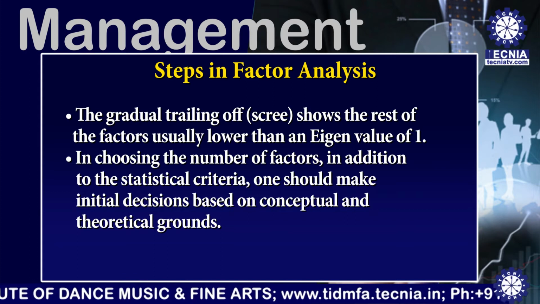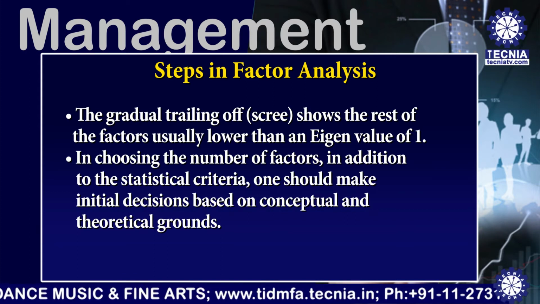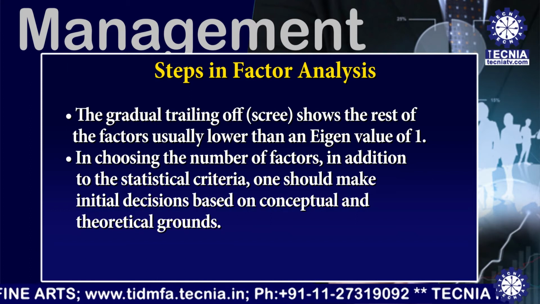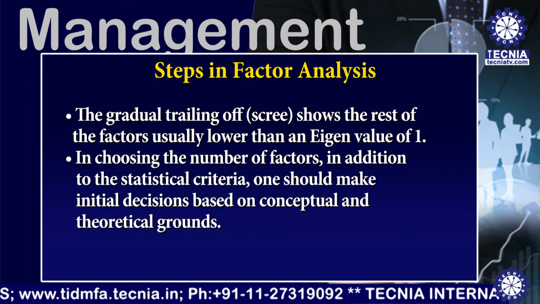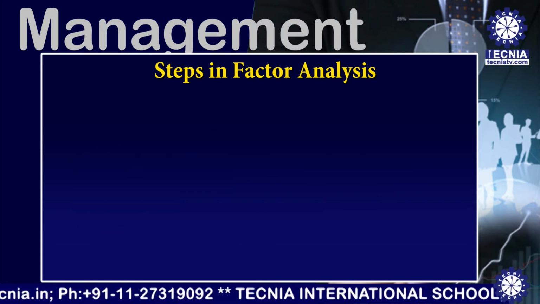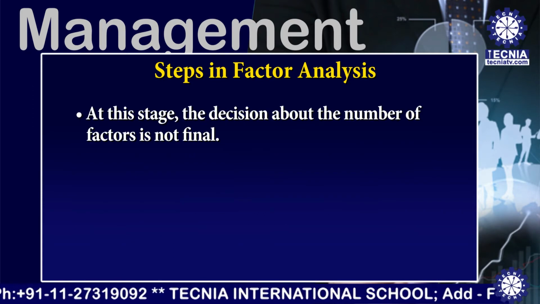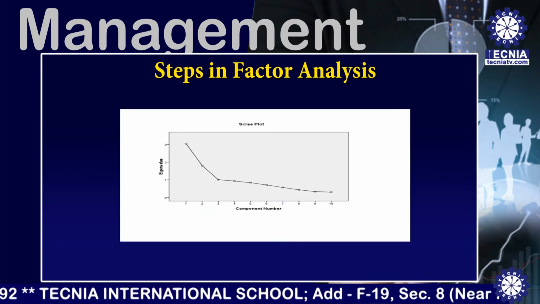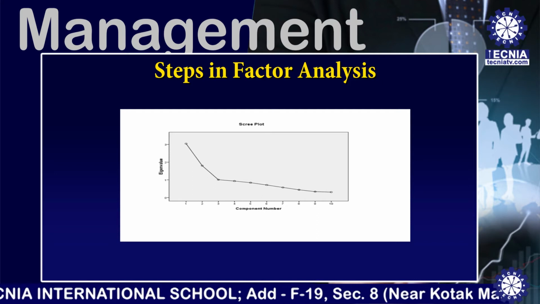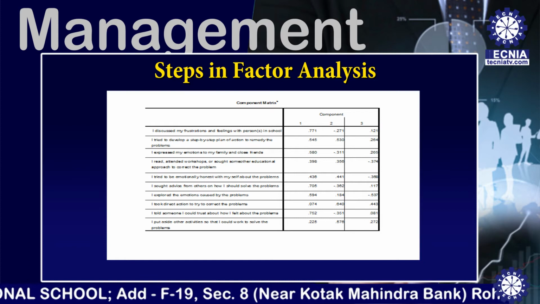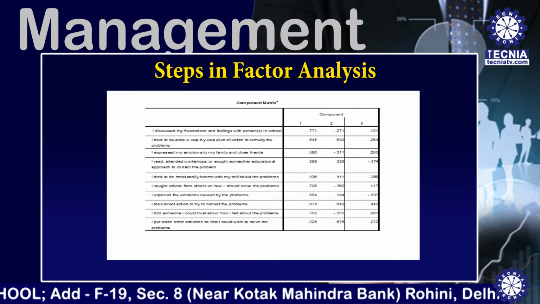In choosing the number of factors, in addition to the statistical criteria, one should make initial decisions based on conceptual and theoretical grounds. At this stage, the decision about the number of factors is not final. Here you will find the scree plot and also the component matrix using principal component analysis in this table.